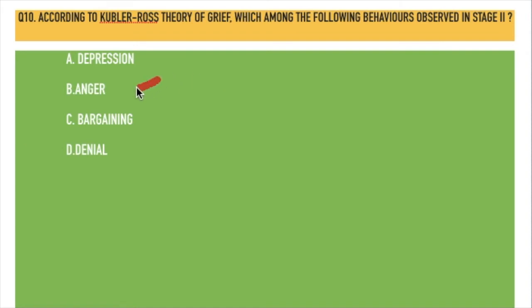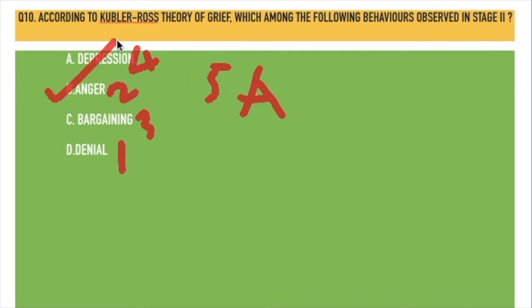First one is denial, second is anger, third is bargaining, fourth is depression, and fifth is acceptance. So here, in Kubler-Ross theory of grief, the second stage is anger. Anger is the answer.